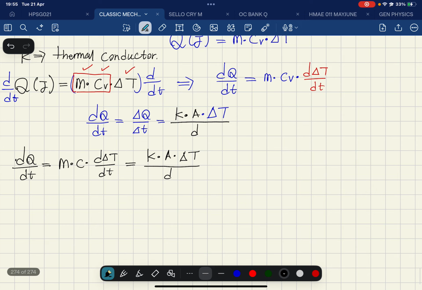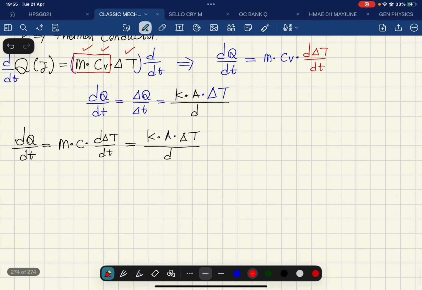So let's talk about the SI unit of K. Before that, the SI unit of K will depend on our variables. So there I have dQ over dt. Which means the SI unit will be joules over seconds. Joules is the SI unit of heat, second is the SI unit of time. So joules over second is the same as work over time. Understand?